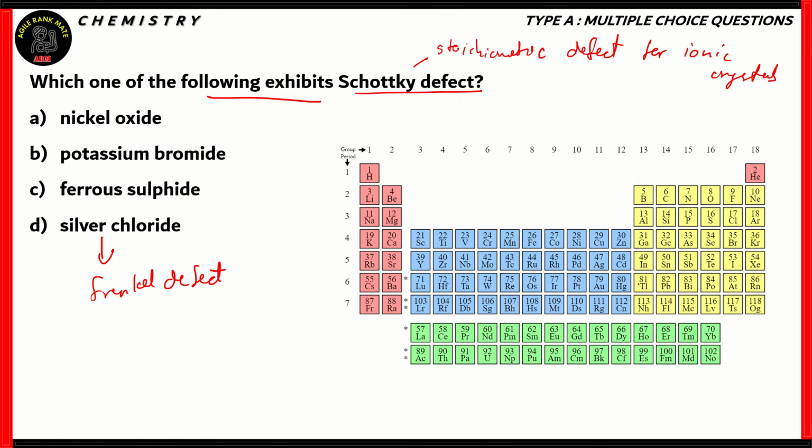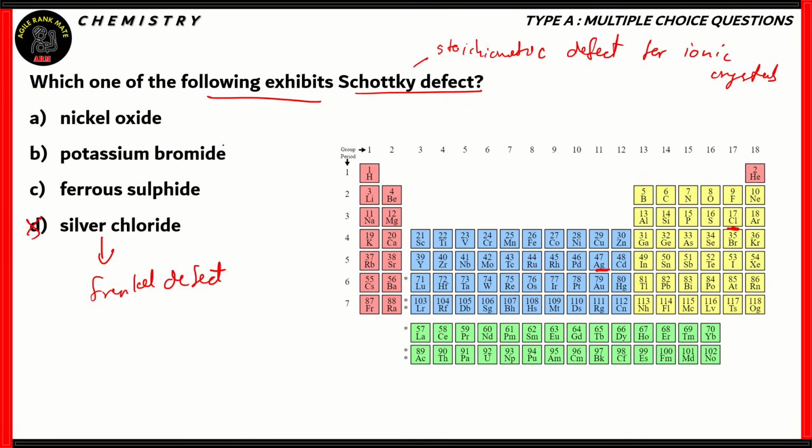And the reason why this works is because if you look at silver and chlorine, you can see that silver is much smaller in size than chlorine, because it's a transition element, and chlorine is an anion. So if you check out their sizes, chlorine is way larger than silver, so therefore it exhibits the Frenkel defect. So option D is incorrect.